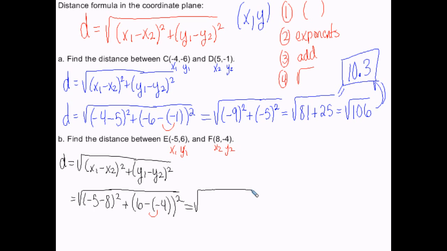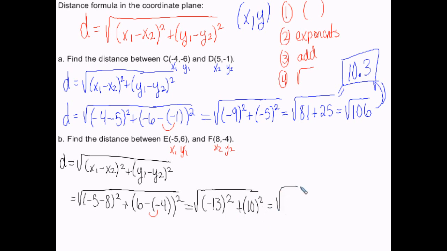Okay, I have a -5 and a -8, so they're both negative, so I add them together, and it's still negative, -13. Negative and negative, but you're subtracting, so yeah. And then I have 6 minus -4, so that's 6 plus 4, so that's 10.